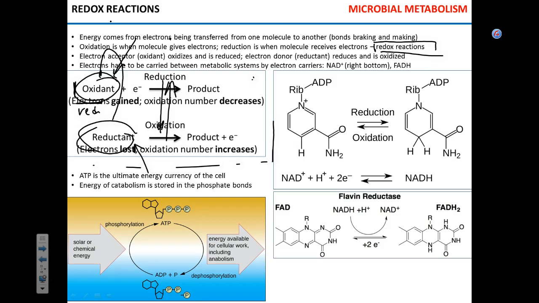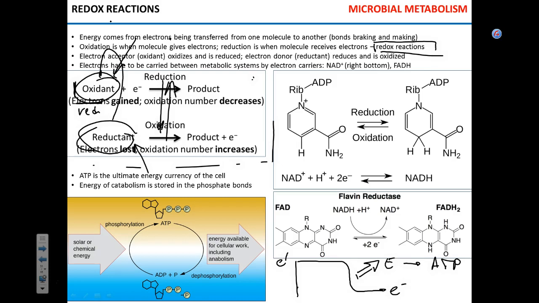Makes sense? So the idea of energy transfer in the cell is that you have high energy level electrons, and they get transferred to low energy level. And during this transfer, energy will be released, and this energy can then be used for ATP synthesis.